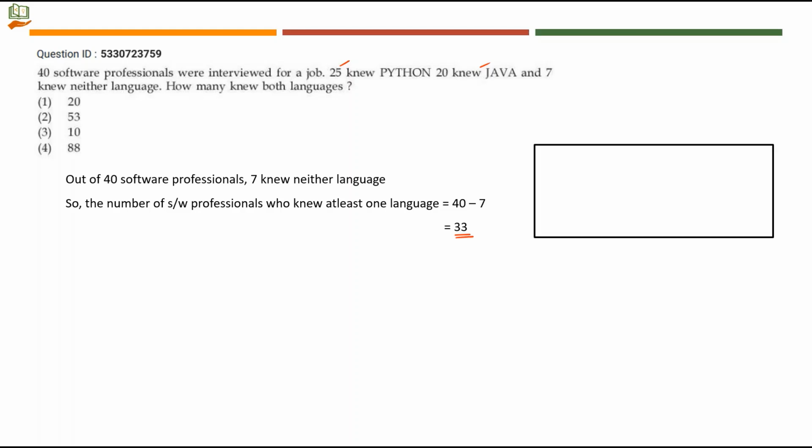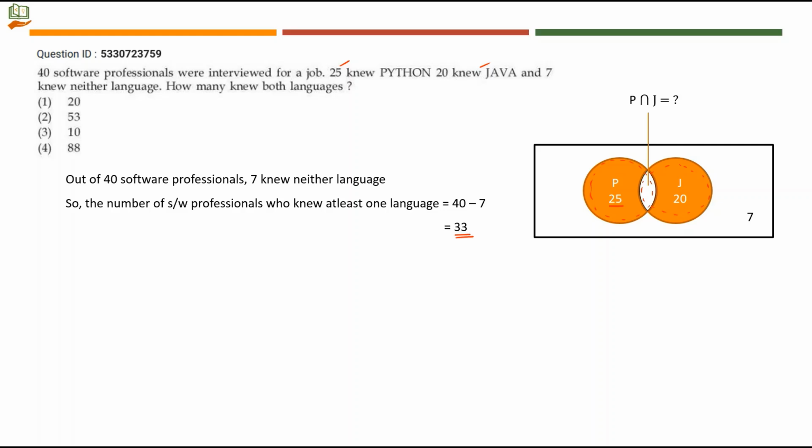So let's see it in the form of a Venn diagram. Python is what we have mentioned as P, so the count is 25. This is actually with respect to the complete P. Similarly, if we take J, it is completely 20, the Java language. And 7 people are not involved in both Python and Java. Now the question is, how many people know both the languages?